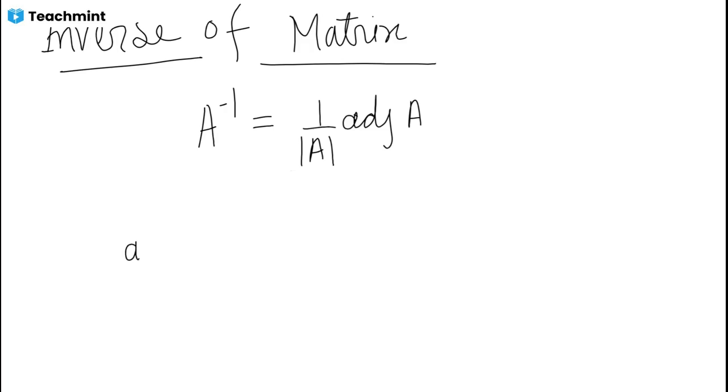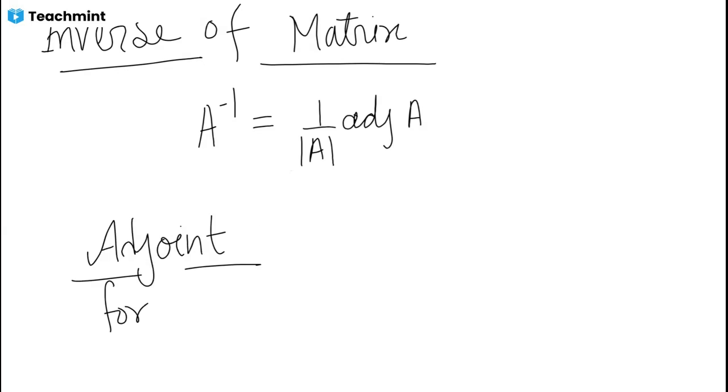So the adjoint of A, let us know first for 2 by 2. Let us understand by using an example.